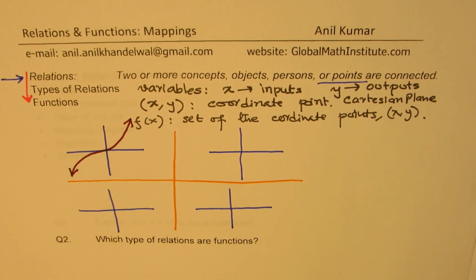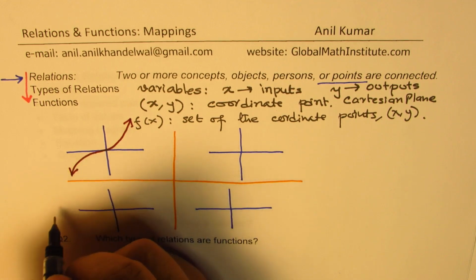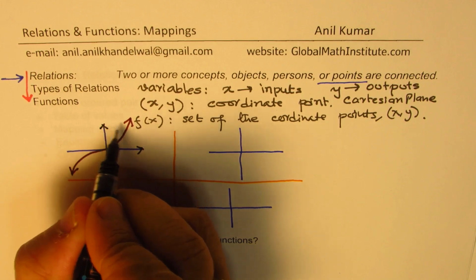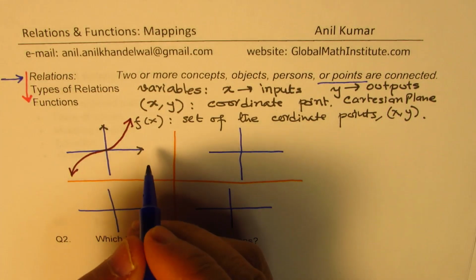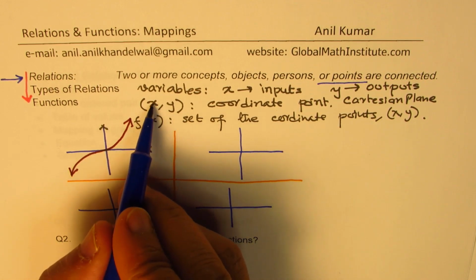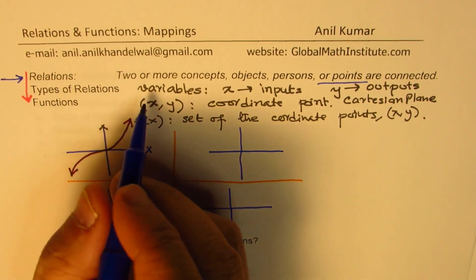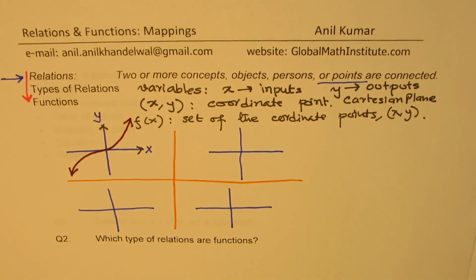Now, in this curve, every point is kind of connected, and when you connect them, you get a solid line. Do you see that? So when it is something like this, we are saying that along the x, we have put all our x coordinates, which is the domain of our function or the relation, and along y, we have kept the elements of our range.